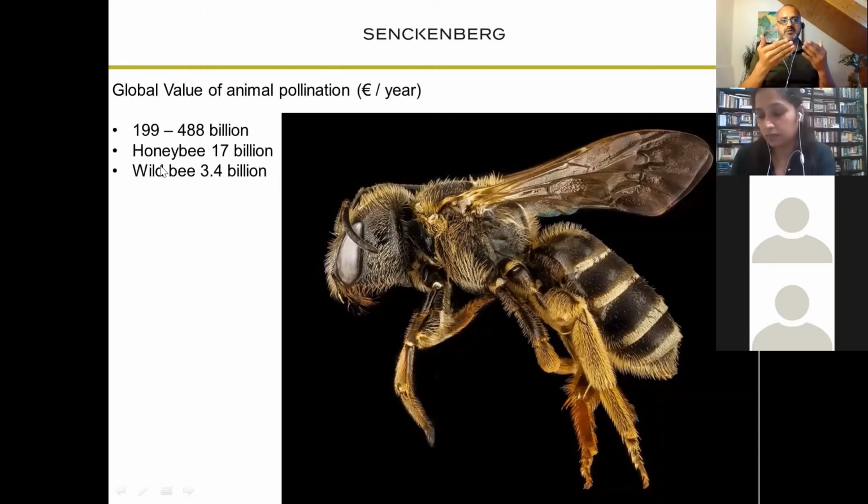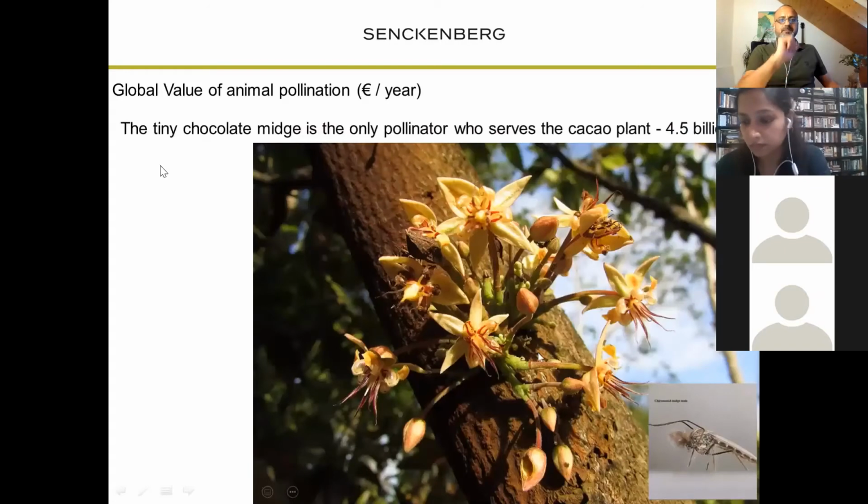In terms of economy, the global value of these pollinators is about 200 to 500 billion, with honeybees contributing 17 billion towards the global economy as capital, and wild bees about 3.5 billion.